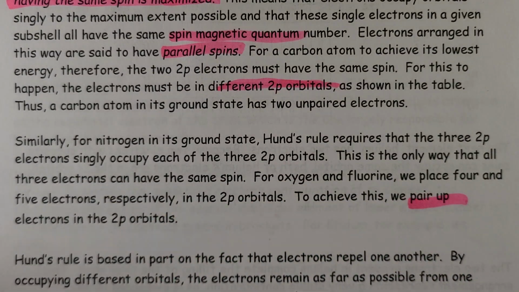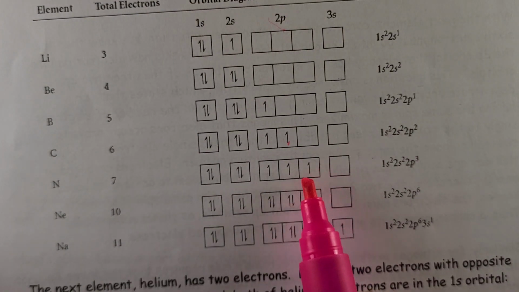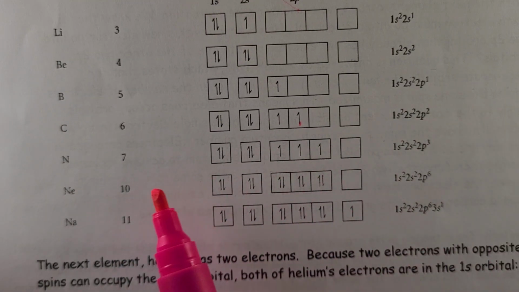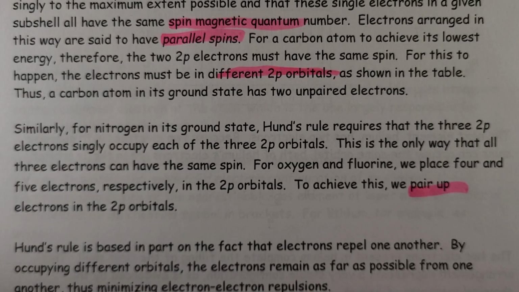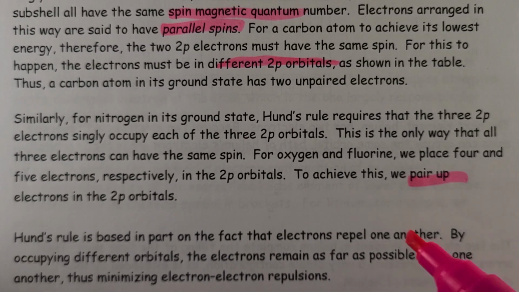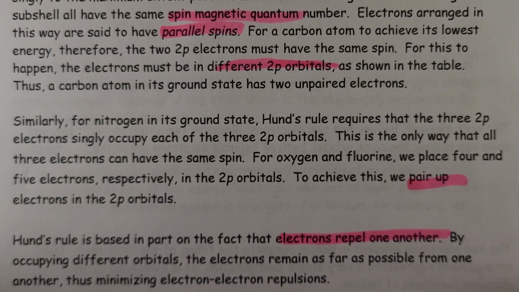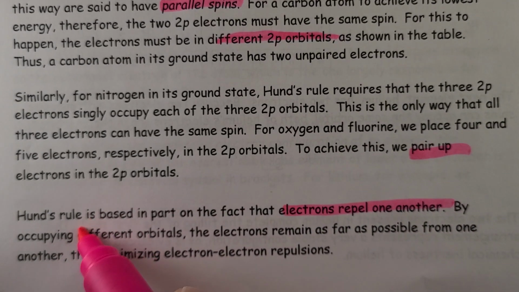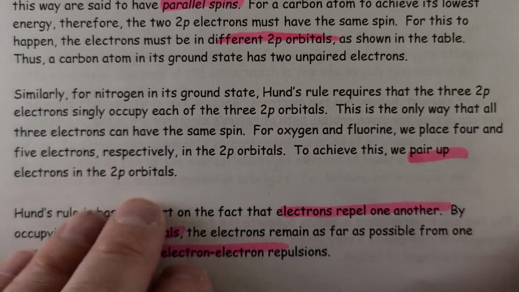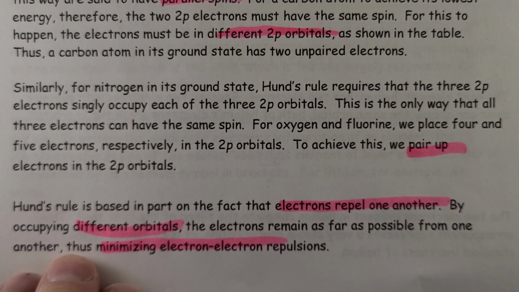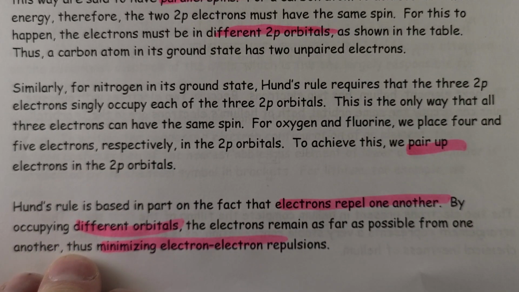With neon, we double them up, and then we get the maximum amount. Now here we go. Hund's rule is based on the fact that electrons like to repel each other. By occupying different orbitals, the electrons remain as far apart from each other as possible, thus minimizing the repulsion that they would feel if they were closer together.